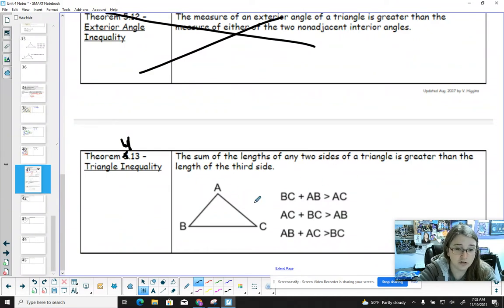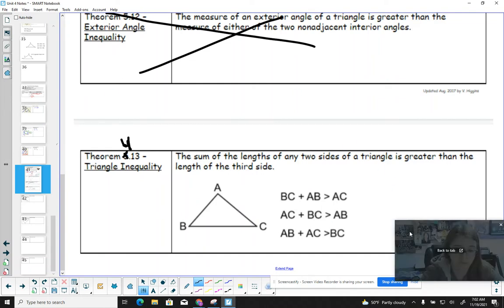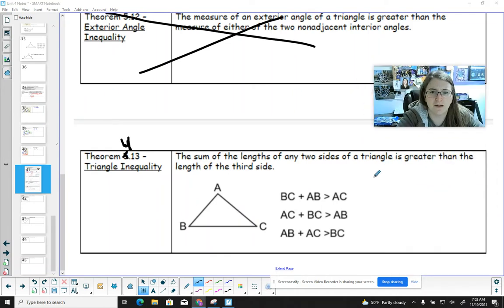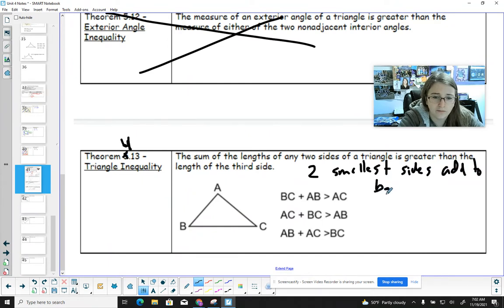So if I add any 2, it should be bigger than the biggest side. Sorry, the other side. Now, yes, what this does amount to is that the 2 smallest sides. So there's all these things here, but if you can summarize this, two smallest sides need to add to be bigger than the largest side.